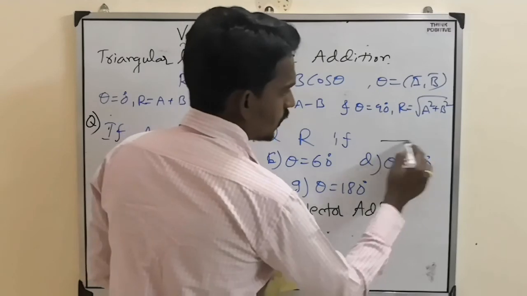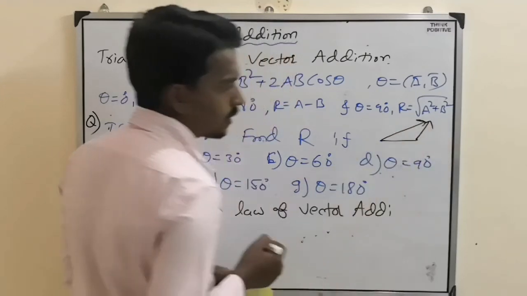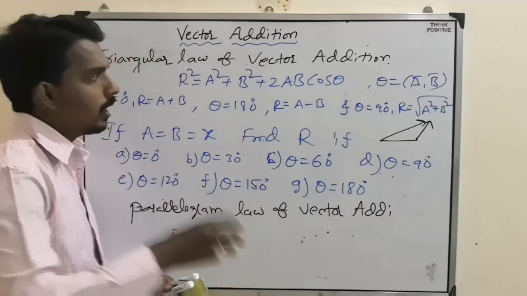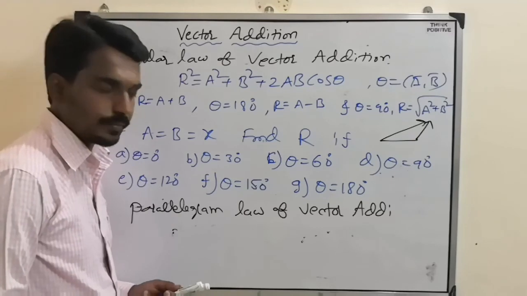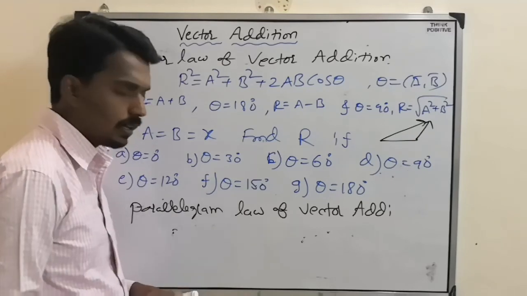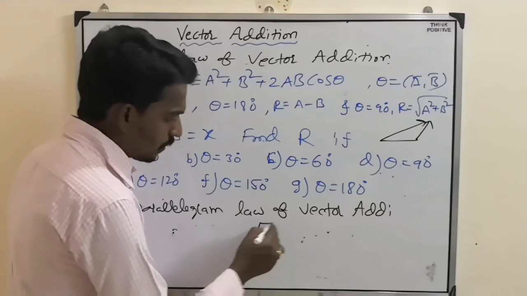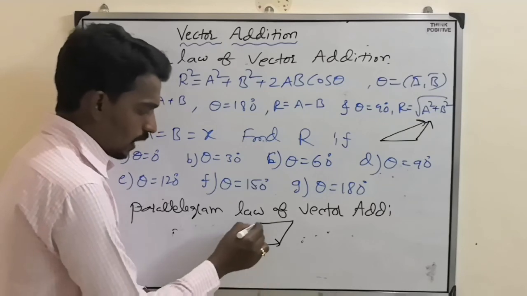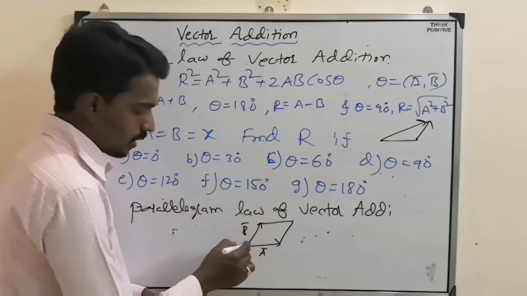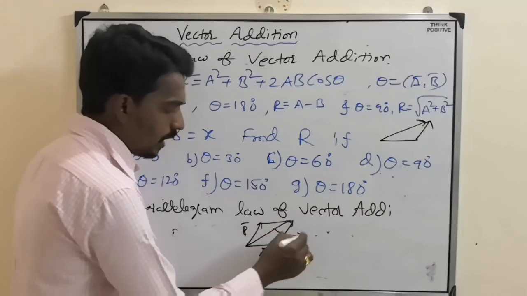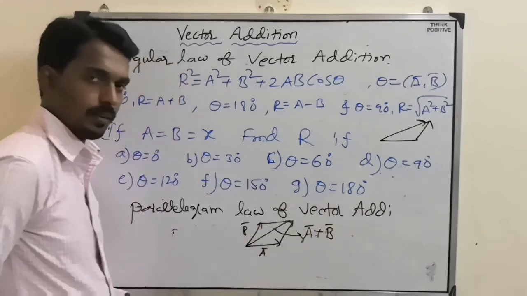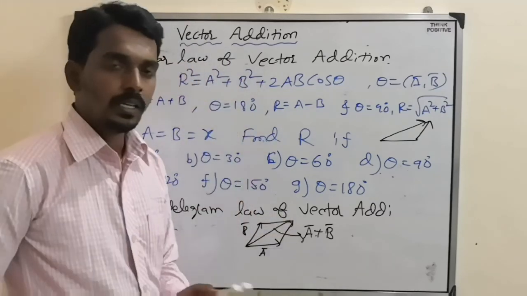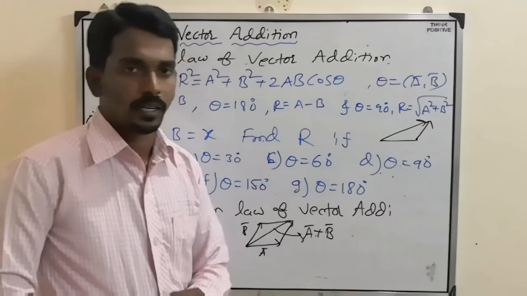It was looking like this: A bar, B bar, and this is A bar plus B bar. The three vectors form a triangle, that's why we call it the triangular law of vector addition. So for the parallelogram law, there must be one parallelogram. Yes, here two adjacent sides are A bar and B bar, then the diagonal between them will become A bar plus B bar. From this we will understand and derive this formula. That we will do in the coming class.